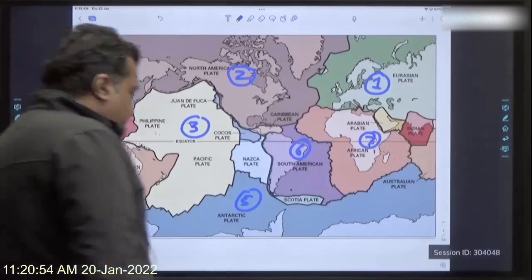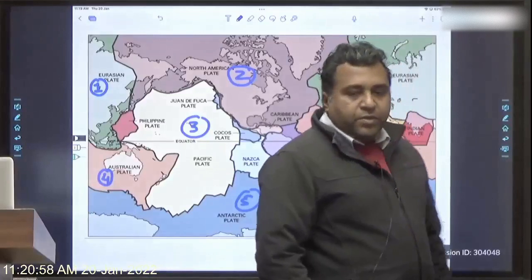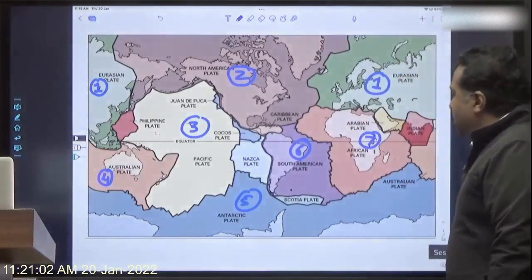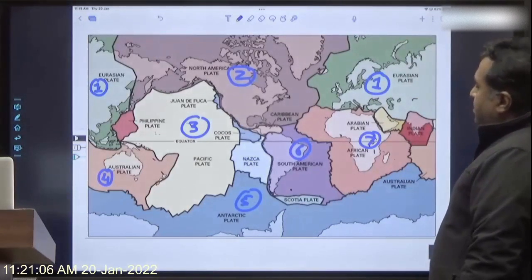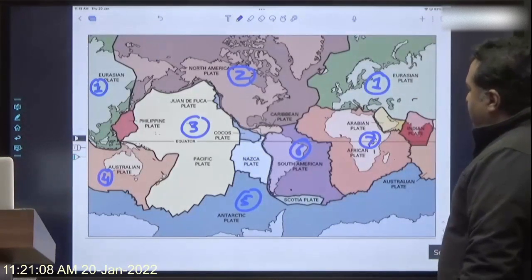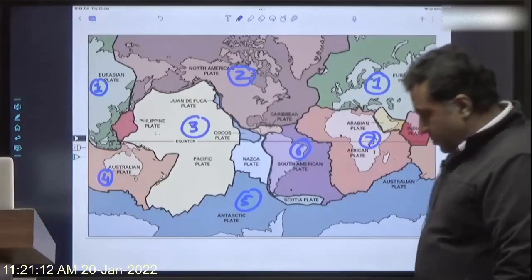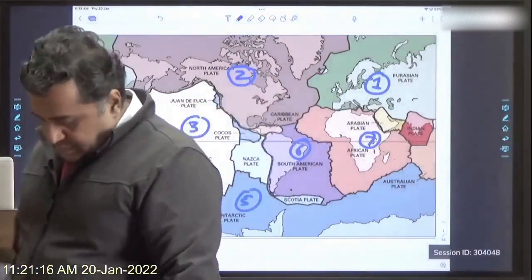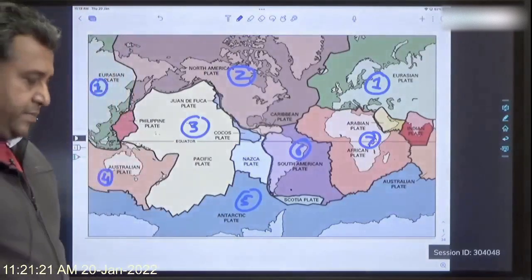You write this way because your NCERT gives the name as Indo-Australian plate as one plate. Then Antarctic plate, South American plate, and African plate.